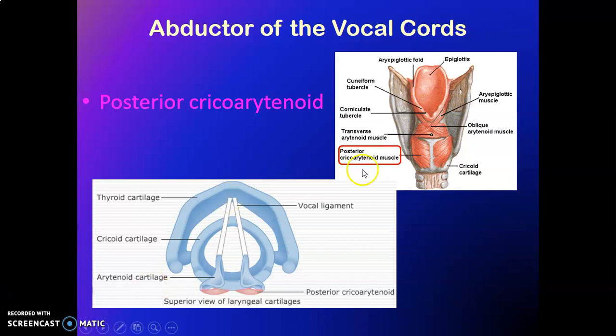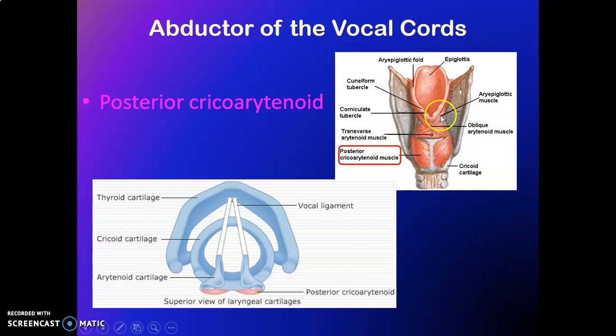So this is your thyroid cartilage, this is your cricoid cartilage, these are the vocal ligaments, and this is the posterior cricoarytenoid, okay, from the cricoid to the arytenoid. And if you look at this large muscle here, it is the posterior cricoarytenoid.